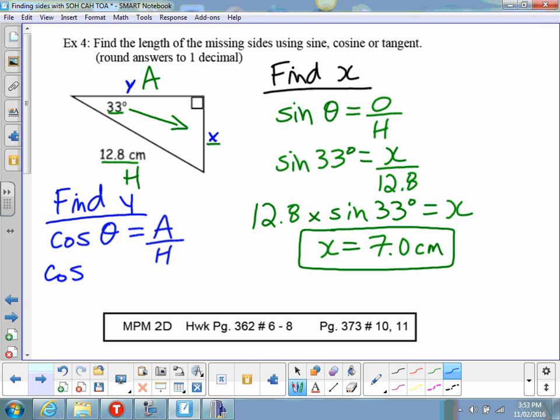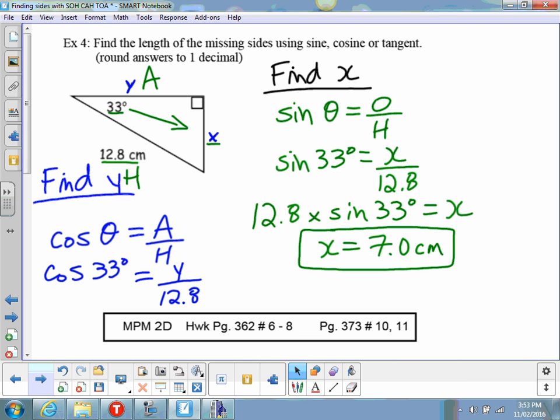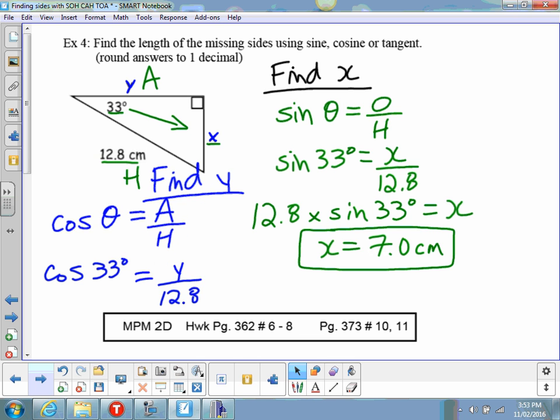It's going to be cos 33 equals y for the adjacent side, and 12.8 for the hypotenuse. I'm running out of room here. Let's see, I'll put that up there.